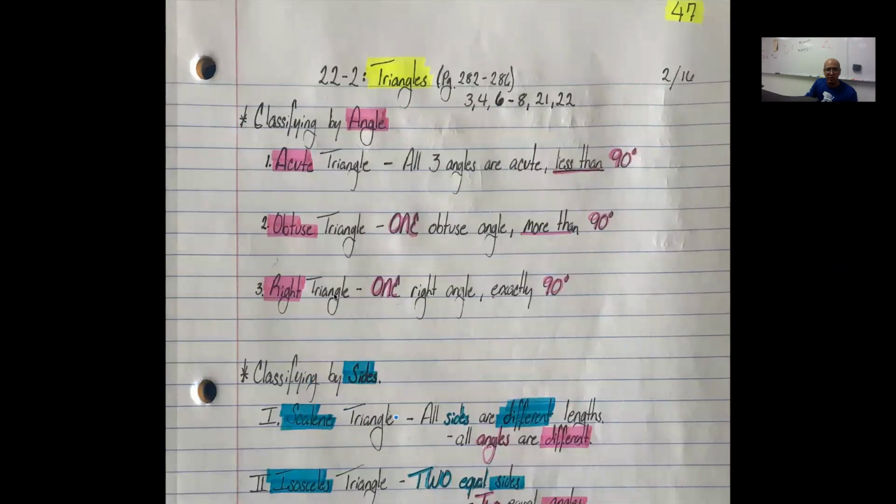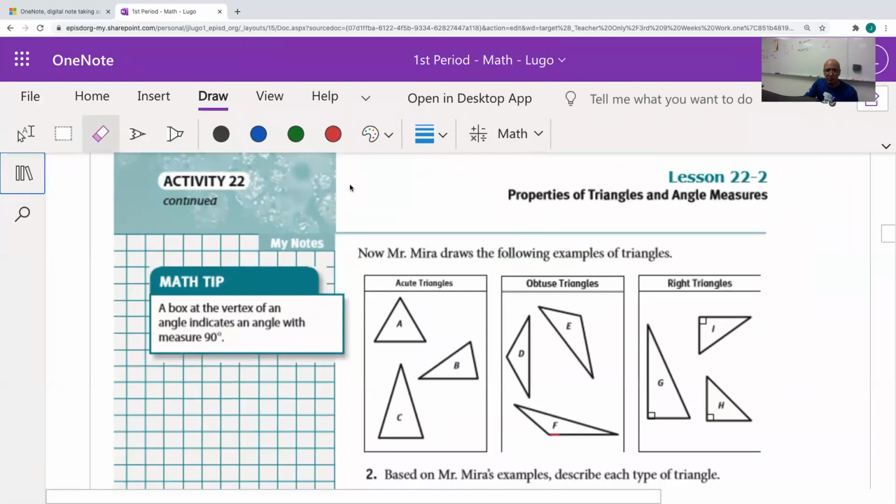In a right triangle, we have a triangle where there's exactly one right angle, meaning that we have one angle that is exactly 90 degrees. And the way that they will show you that in the problems that you get is that you're going to see a corner that looks a lot like the corner of a rectangle or square like this, and you will often see a little box in that corner to show you that, hey, this is a right angle.